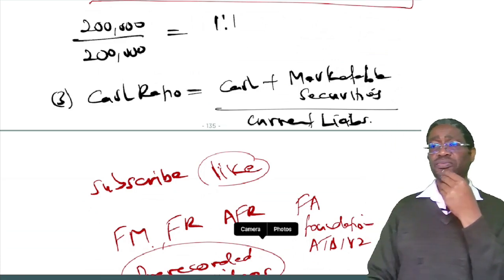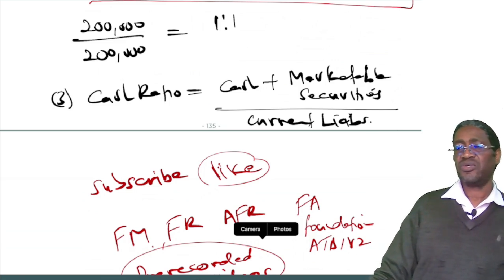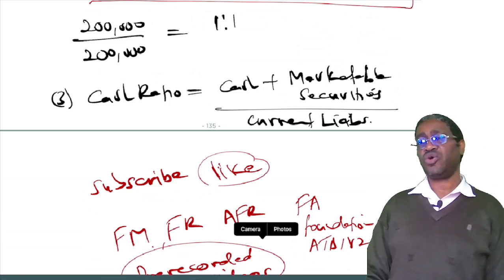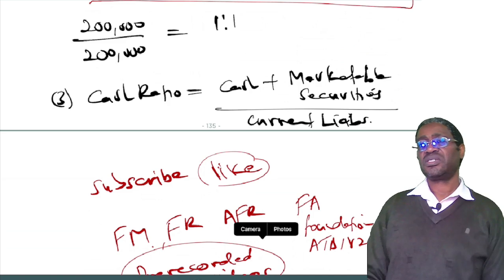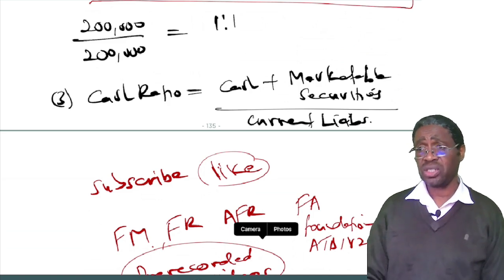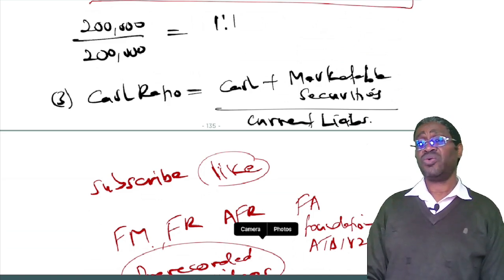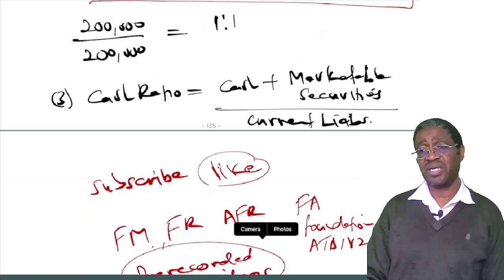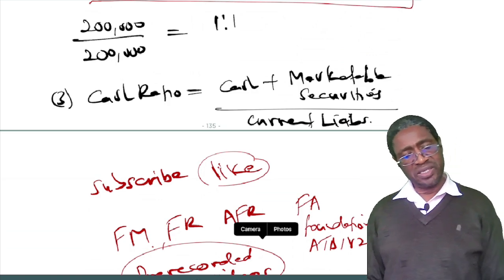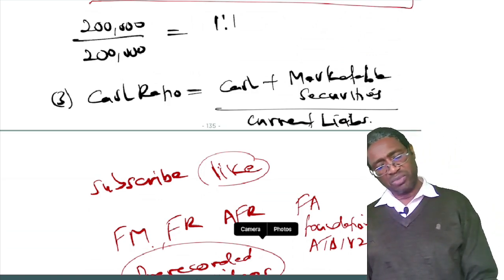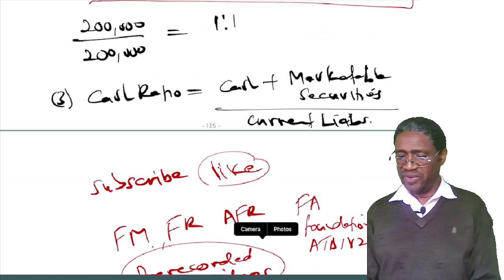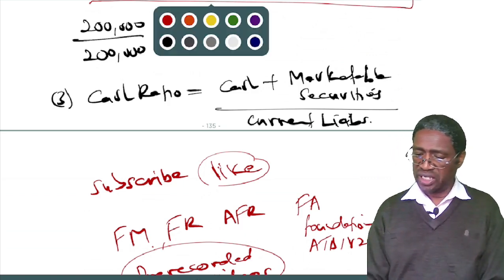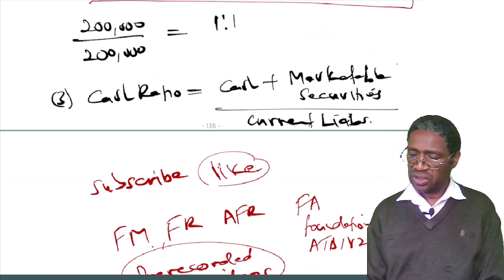Cash ratio equals, then copy that formula: cash plus marketable securities, also called current investments, divided by current liabilities.